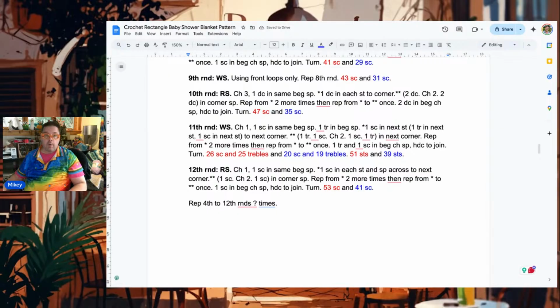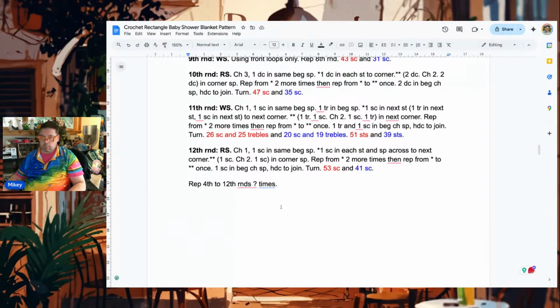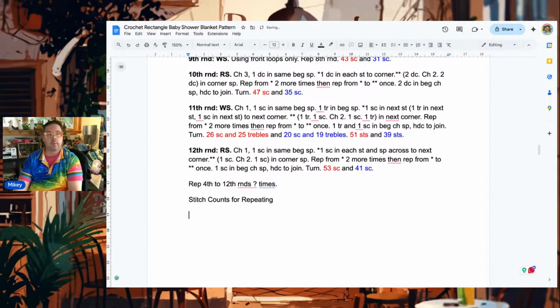Got it. Okay, so now what we have to do is transpose this information for the remaining repeats. So we're going to have to do the 13th. There's always 9, right? So we're going to do our stitch counts for repeating.